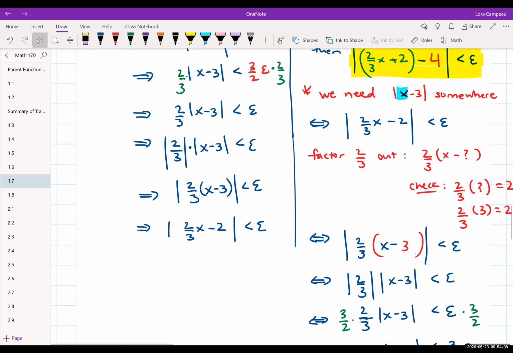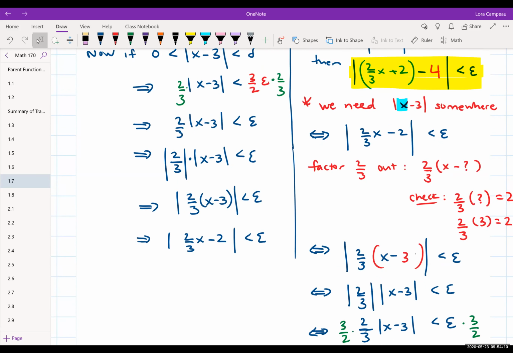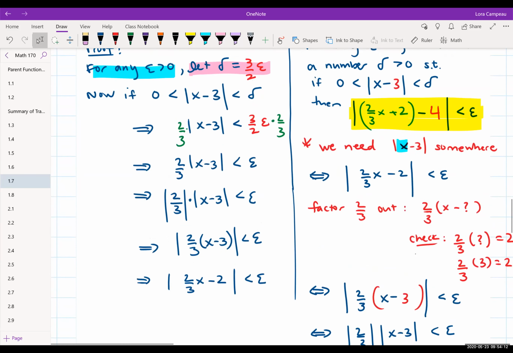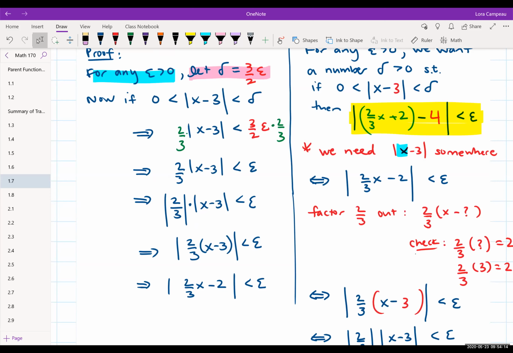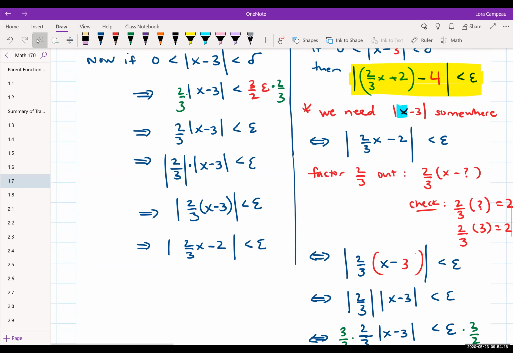We wouldn't always know how to break it up. So if we go backwards, we realize that instead of writing -2, we will want to rewrite it as 2/3 x plus 2 subtract off 4. That is going to give us back our original function, and we'll also see our limit.